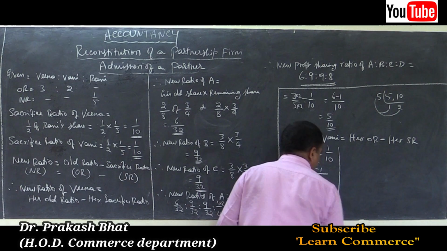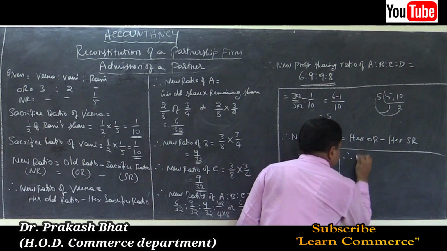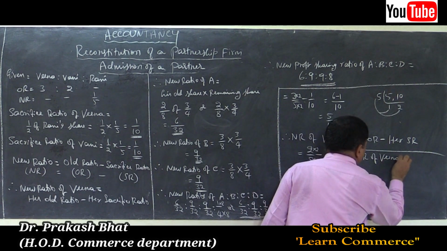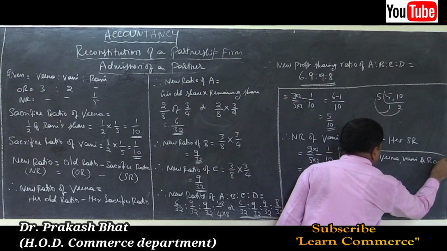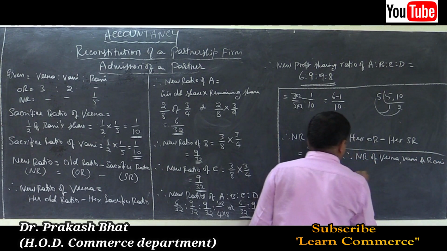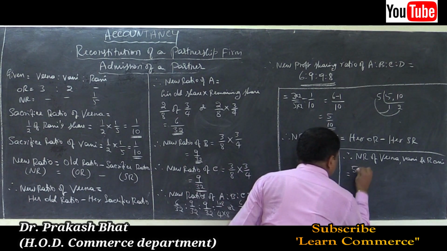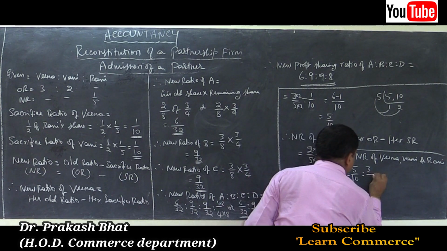Therefore, write here the final answer. New ratio of Veena, Vani and Rani is equal to their ratios, 5/10 is to 3/10.